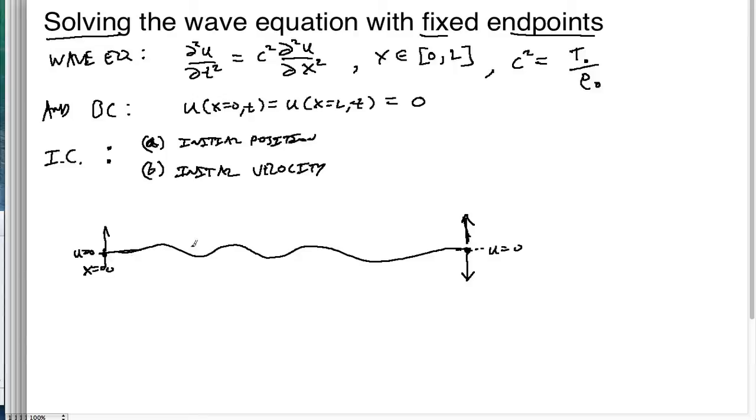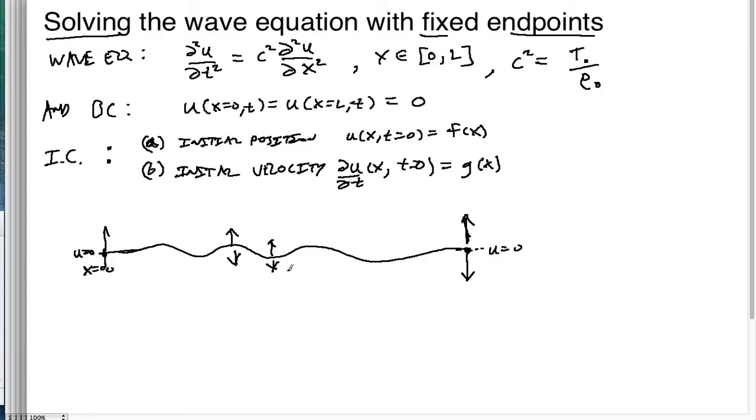So in general, the string can vibrate up and down at all places, and we need to find out if we can find a solution to this. So we're going to call this u of x, t equals 0, equal to f of x, and the time derivative of u at t equals 0 is equal to g of x.